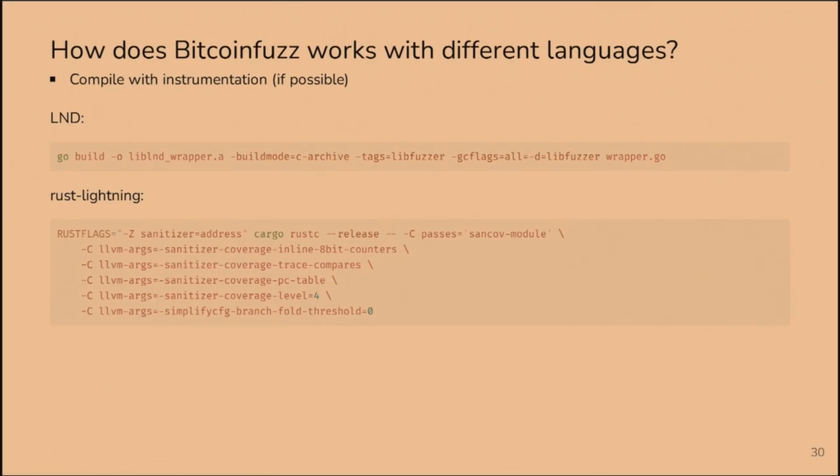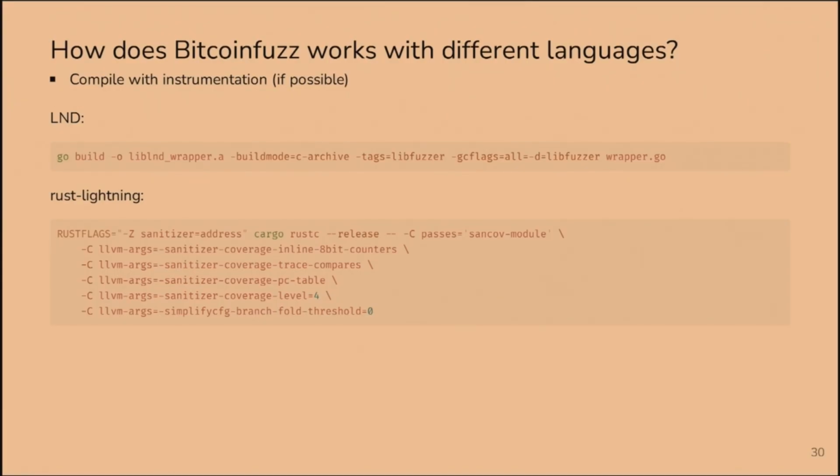To make it work, we have to deal with different languages. For example, LND is made in Go and Rust Lightning is made in Rust. So we have to compile them with coverage instrumentation, if possible, to give the coverage to the fuzzer engine.